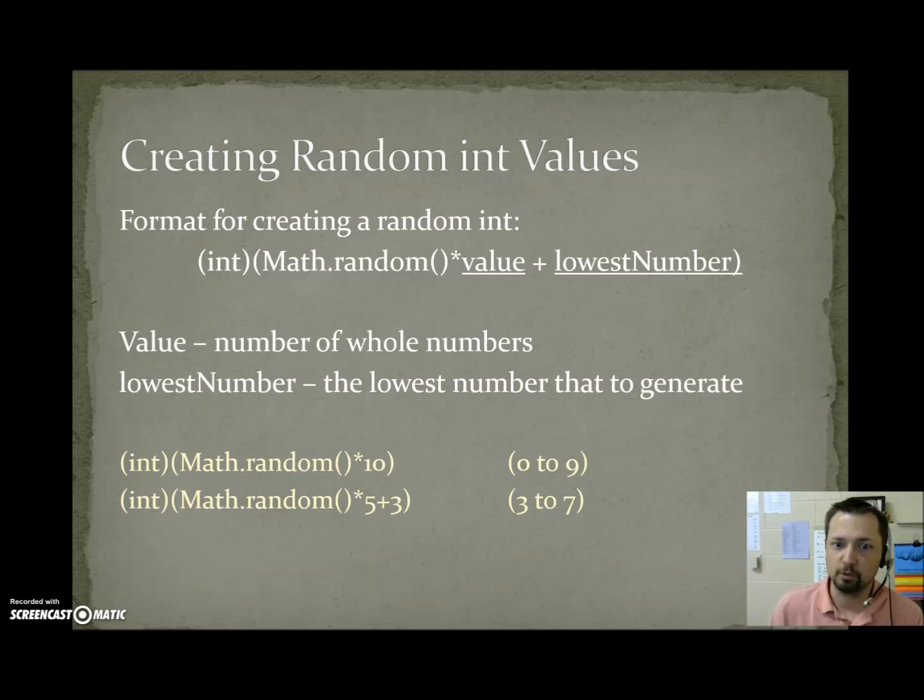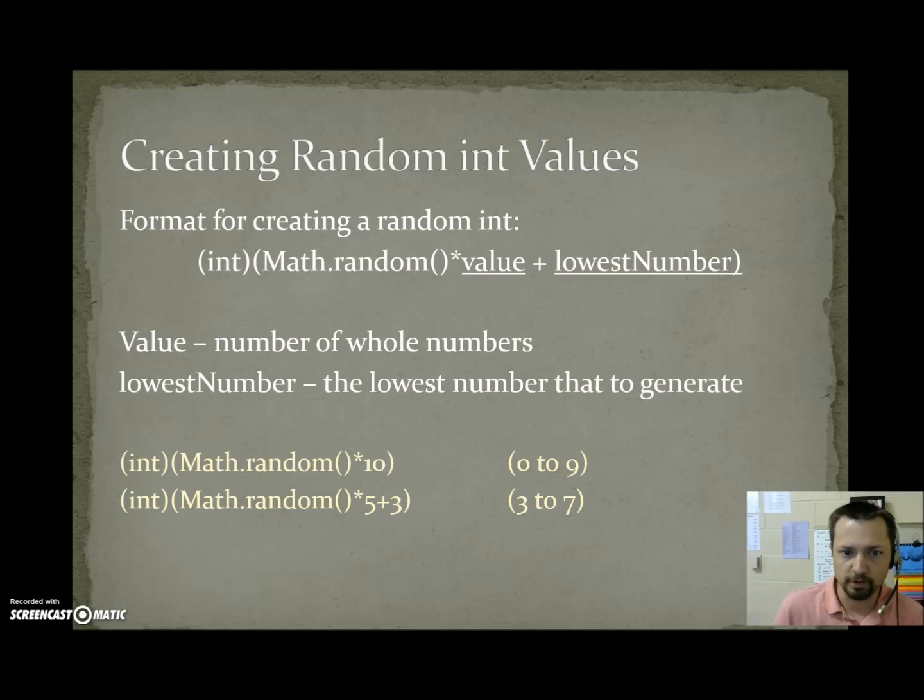Lowest number is the lowest number that will be generated. When we do math.random times 10 and cast it to an int, that would make 0 through 9.999. But since we're throwing away decimals, it'll make 0 through 9. And since 0 is one of the numbers, we have 1, 2, 3, 4, 5, 6, 7, 8, 9. That's your normal 9, and then 0 is also counted. So there's 10 different numbers it's generating.